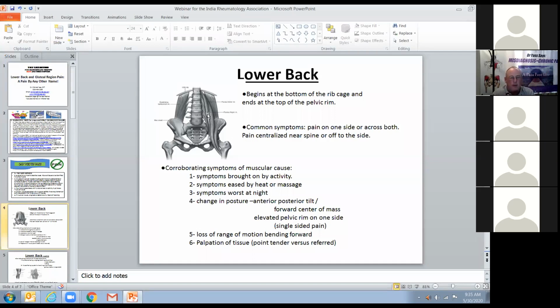A posterior tilt is another one, and these relate to if you're having pain on both sides of the back. If you're having pain on one side of the back, you might be looking for a tilt in the pelvis from side to side. So let's say that this side of the pelvis was higher than this side. That's a change in posture, which is going to indicate that the muscle responsible for the pelvis being level, which is the gluteus medius muscle, and I'll show you that in a minute.